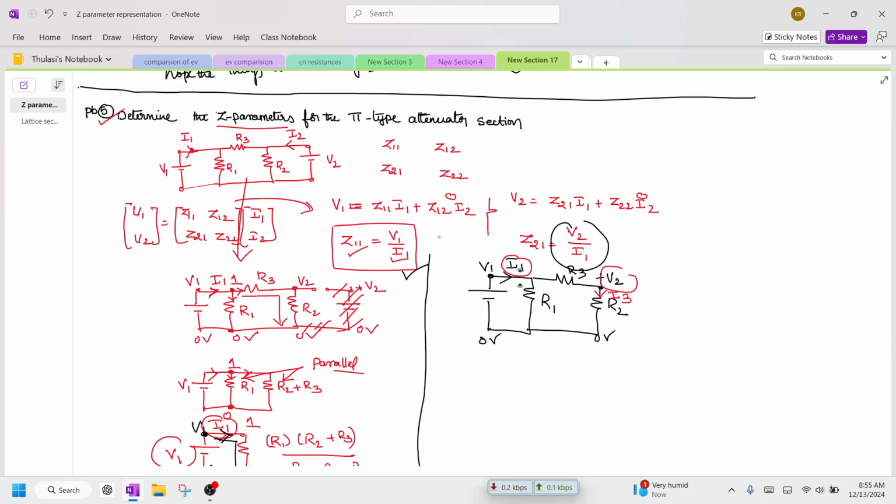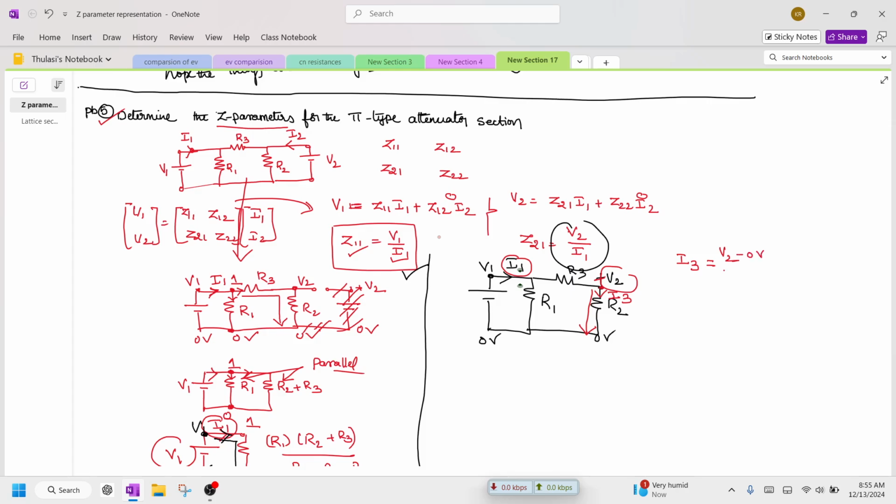Okay, so now how to write down the current I3? Okay, so current I3 is equal to, the current I3 flows only across R2. So I3 is equal to high voltage. What is the voltage? What is the polarity of leaving? Plus V2. And what is the voltage at leaving? 0 volts.